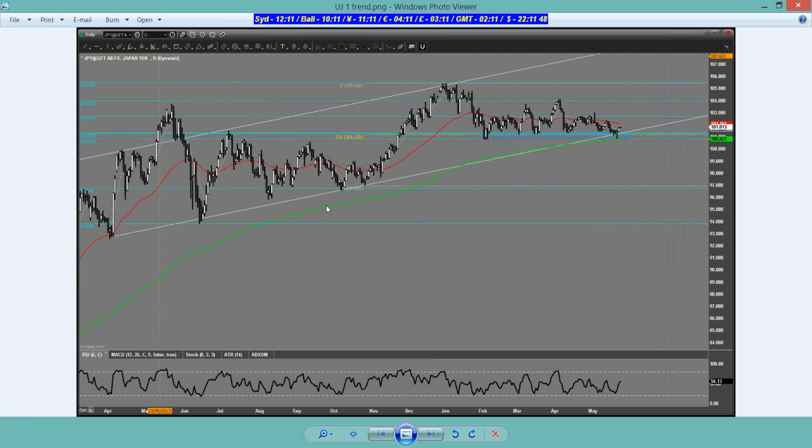A nice bounce off that long-term trend. And the 200 EMA. It's all boding well for this trade. You know, also your momentum is coming from the lower end of the scale, and you expect that to cross the RSI and get to the top end of the scale.